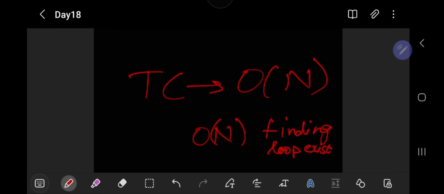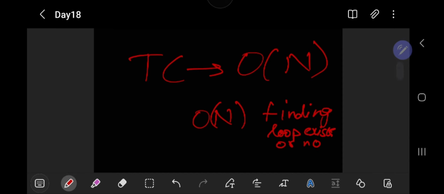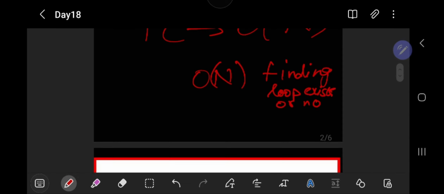So it will be big O of n for finding if there is a loop or not. Then we'll be sending our slow to the head, slow equals head. Then it will be another big O of n. This is the worst case, where the head itself is looped.